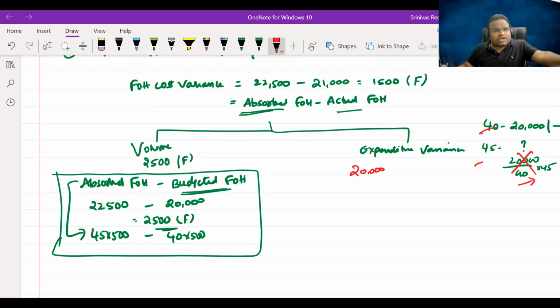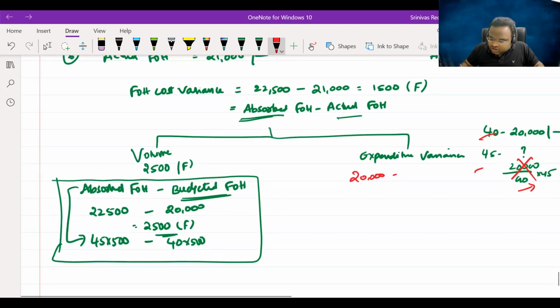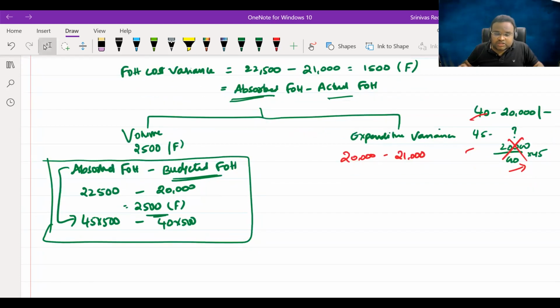Now, whether 50 students sit in the class, 40, 30, or 1 student sits in the class, I should pay only 20,000, because my fixed overheads are not relevant with my production up to normal capacity. Now, instead of paying 20,000, how much did I pay? 21,000. That is because of changes in expenditure, the change in owner's mind, the change in owner's taxes.